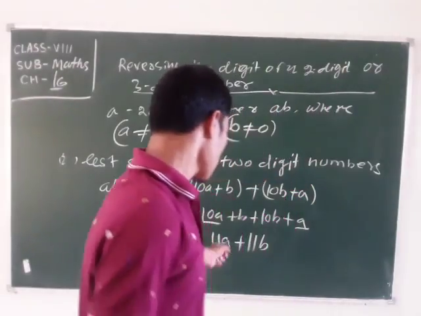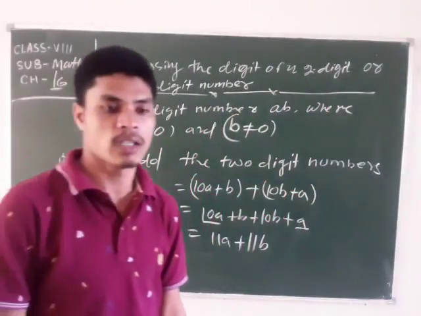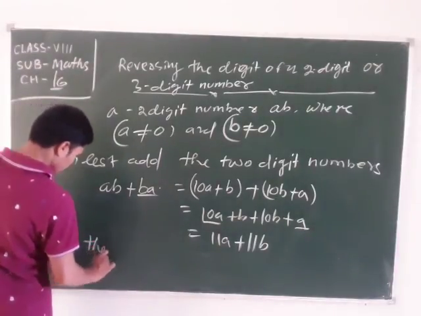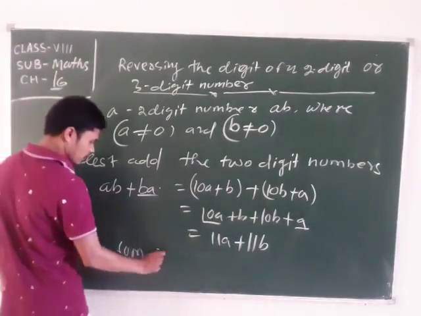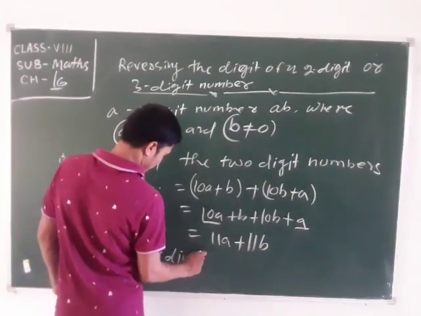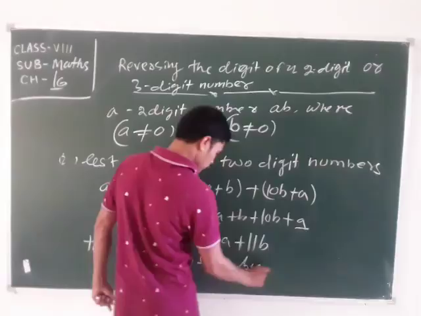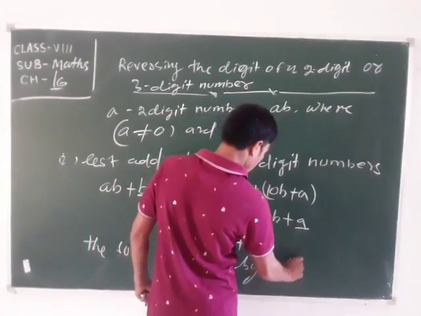First we learned about the sum. Then the sum is divisible by 11, and the quotient is a plus b.